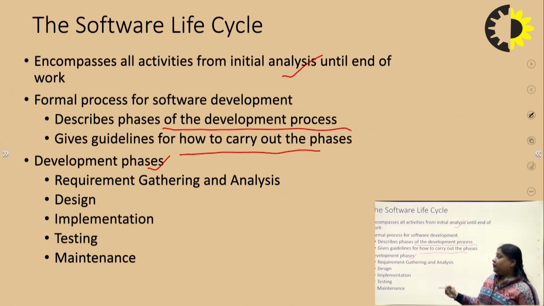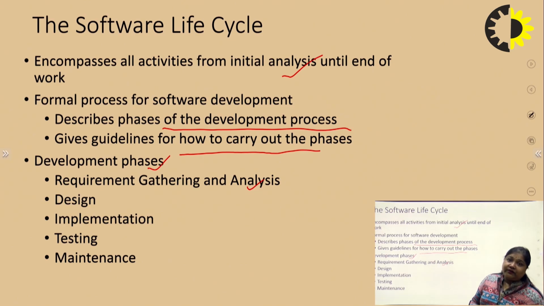The first phase is requirement gathering and analysis. Actually, the first phase is the feasibility study, which comes under requirement gathering. First the developer needs to check whether the development of this software is possible or not.